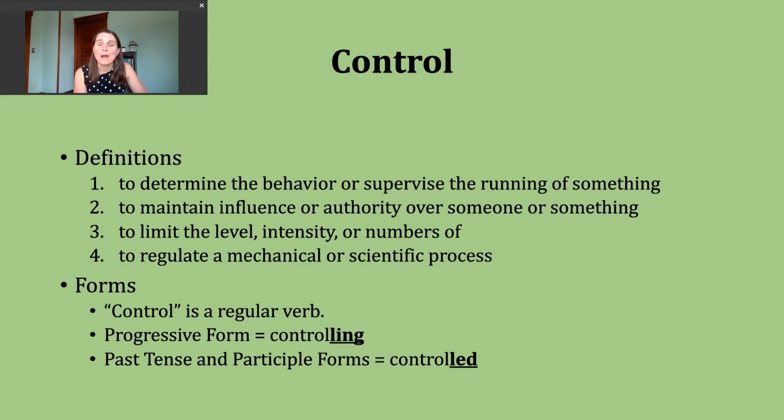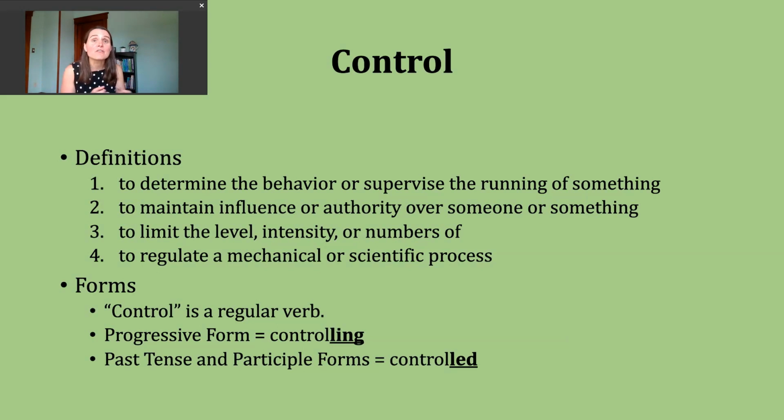A third way control gets used is to mean to limit the level, the intensity, or the numbers of something. So maybe you've attended a festival or some other event where only so many people were allowed to enter at a particular time. We could use this verb to describe that action of limiting the number of people who can enter.